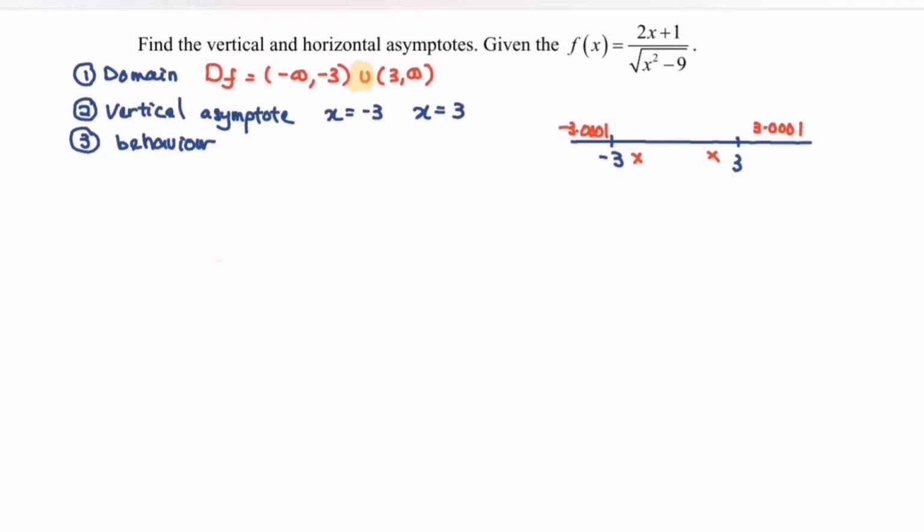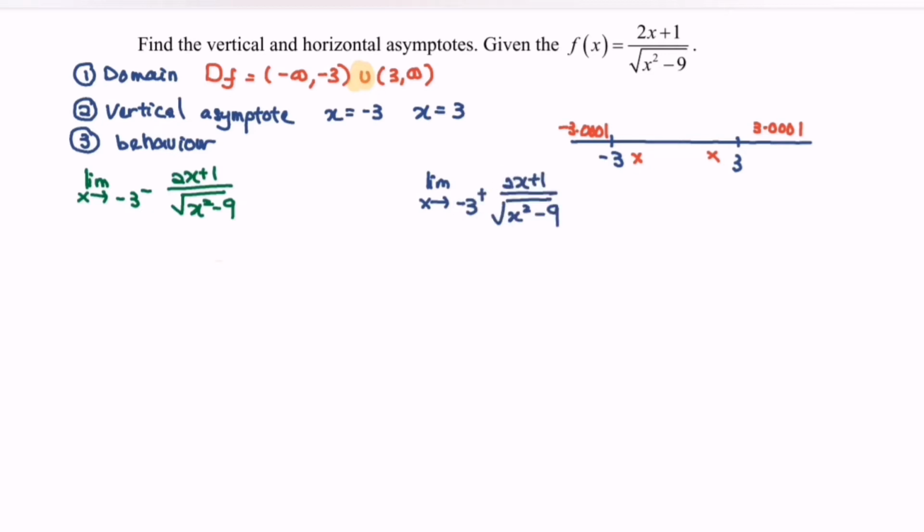Now, let's look at the behavior. We have the limit when x approaches negative 3 from the left for the function (2x + 1) over the square root of x squared minus 9. Next, the limit when x approaches negative 3 from the right for the function.